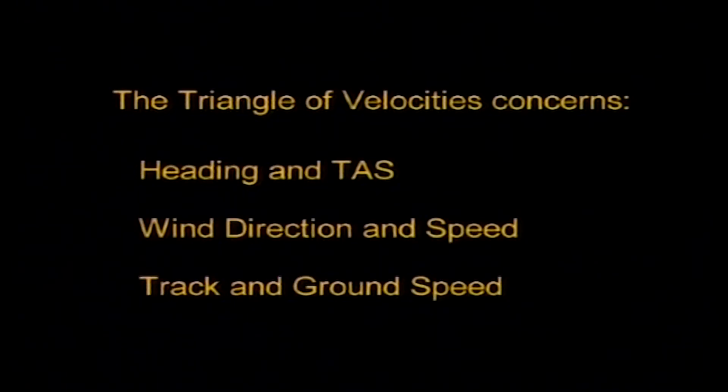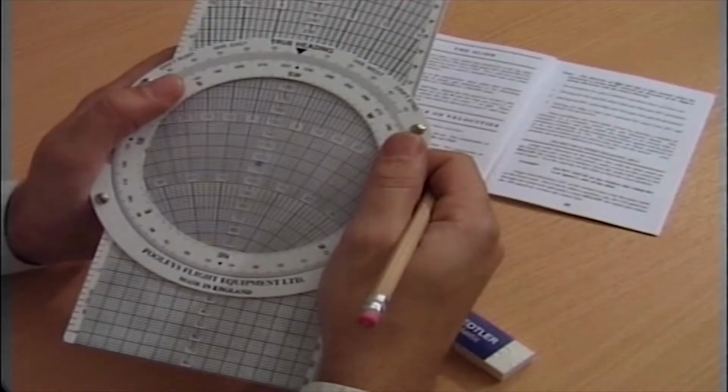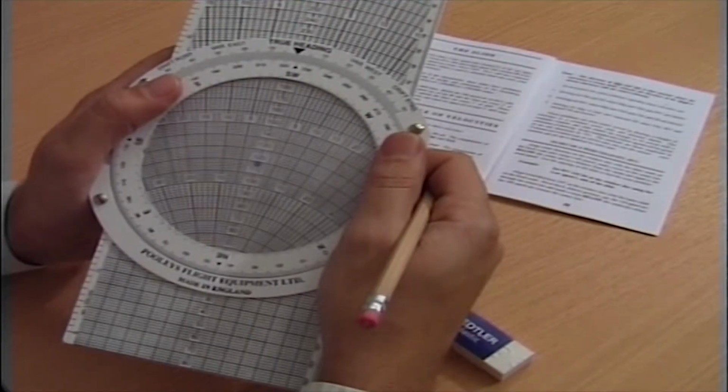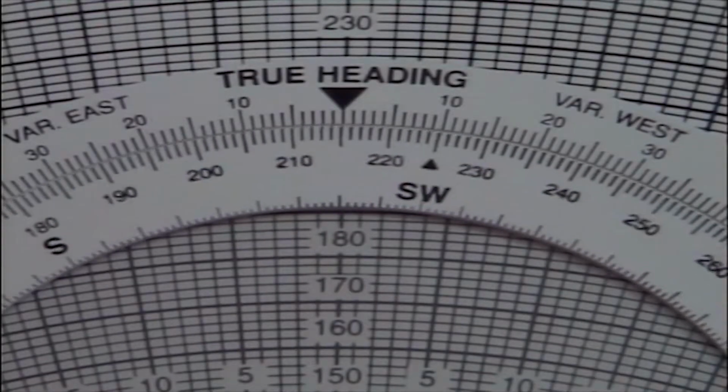The triangle of velocities concerns heading and TAS, wind direction and speed, and track and ground speed. Let's set on a wind velocity of 210 30 knots using the low speed side. Rotate the inner scale so that 210 appears under the true heading index.